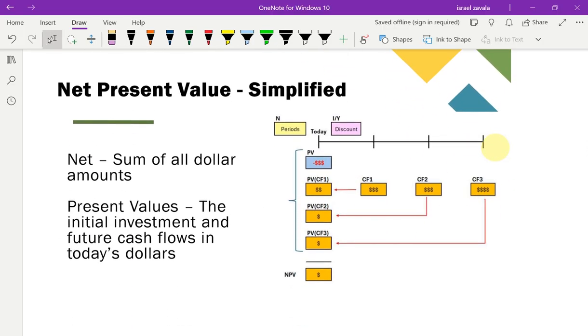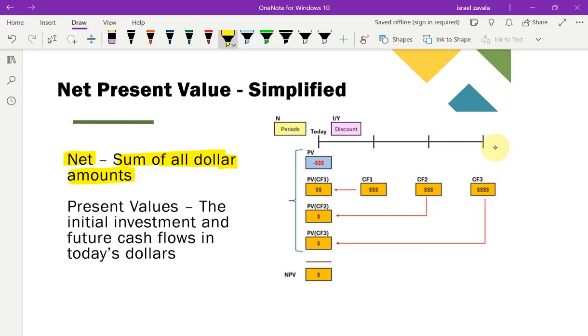So, net present value simplified. What do we have here? Net. What does it mean? I feel like this word net present value, sometimes to students sounds like it's not really English, right? So I'm going to simplify this for you. Net is just the sum of all the dollar amounts, okay?